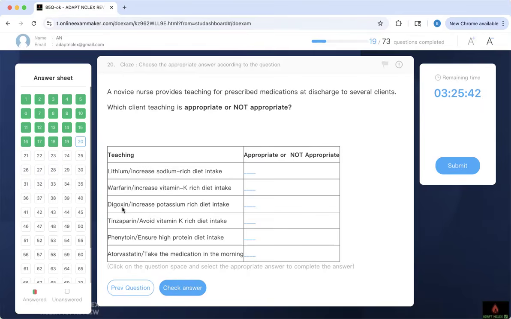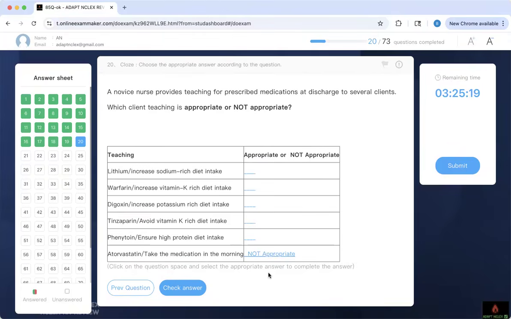Digoxin, it said increase potassium-rich diet. Enoxaparin, it said avoid vitamin K-rich diet. Phenytoin, ensure high-protein diet. Atorvastatin, take the medication in the morning. Which one is appropriate or not appropriate? That's all that it's asking.